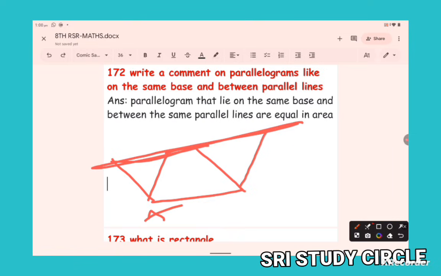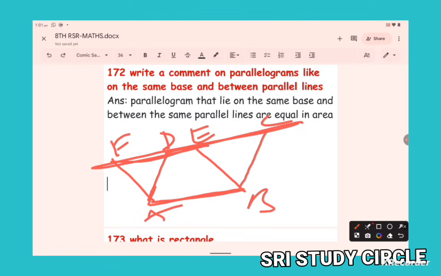A, B, C, D, E, F. ABCD is a parallelogram. ABEF is also a parallelogram. These two parallelograms have the same base AB and lie in between the same parallels AB and CF.